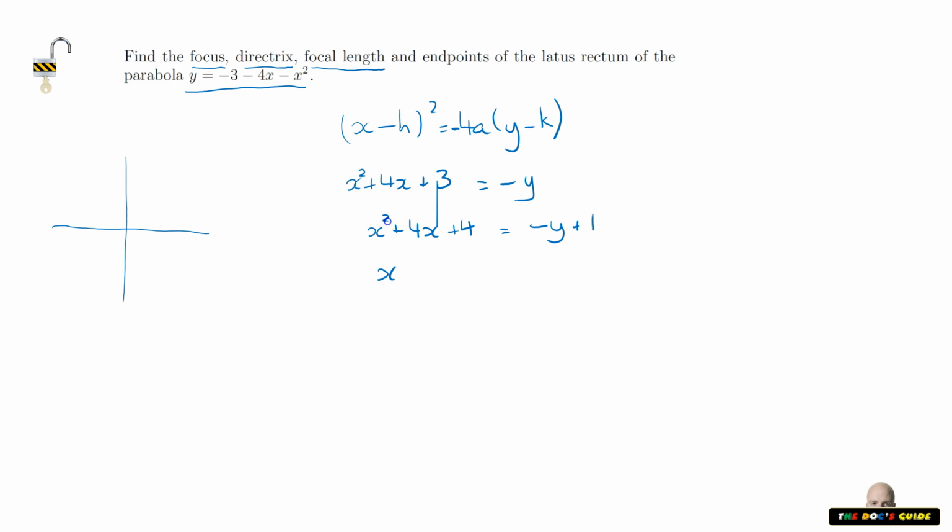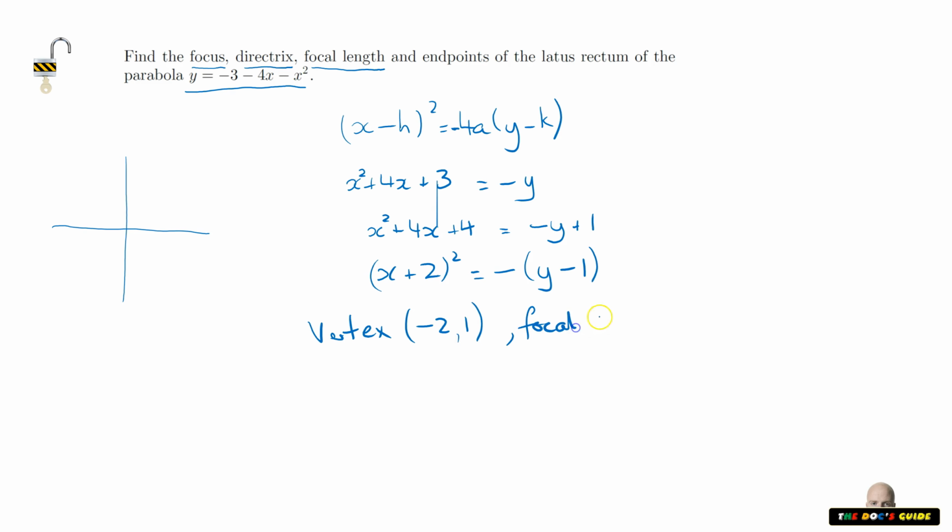So that will give me (x plus 2) squared as my perfect square. Over here I want a negative out the front, so if I take a negative out the front, that gives me this. So then, reading off this, I can see that (h, k), so the vertex, is at (negative 2, 1).